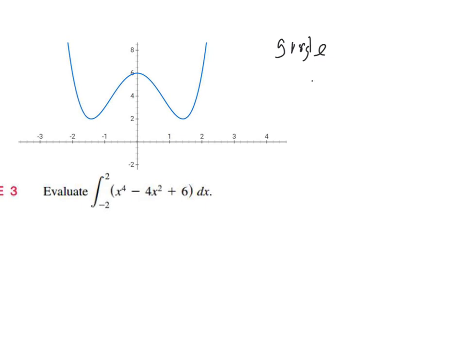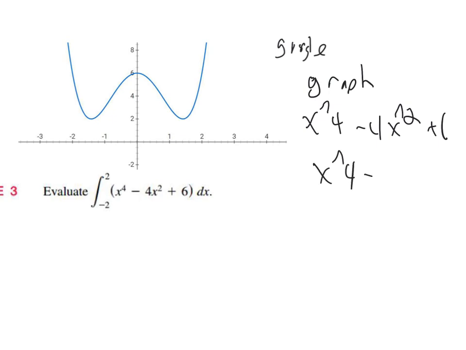You can just type in your search box, graph x caret 4 minus 4x caret 2 plus 6. Now it looks like this: x caret 4 minus 4x caret 2 plus 6.